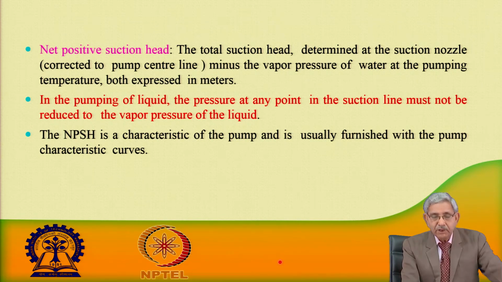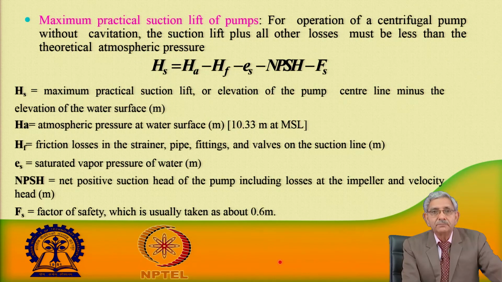In pumping of liquid, the pressure at any point in the suction line must not be reduced to the vapor pressure of the liquid. The NPSH is a characteristic of the pump and it is usually furnished with pump characteristic curves. So, this is normally supplied by the pump manufacturer.